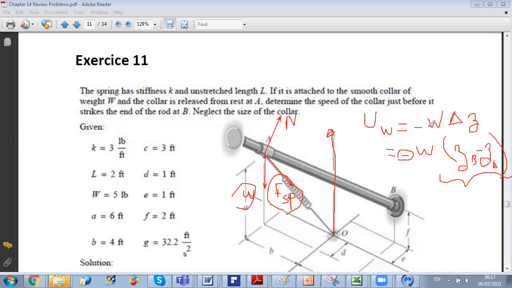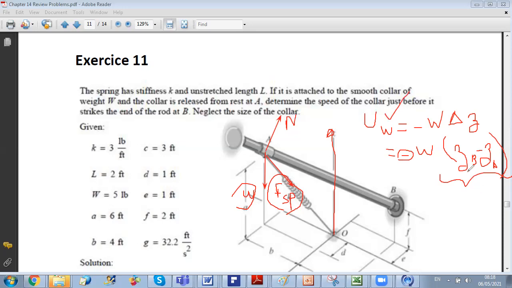And why do we have minus here? Because we consider Z upward. Okay, so if you remember, when Z is upward or when Y is upward, the equation is minus W delta Z, while if the Z axis is downward, it becomes plus W delta Z. So this equation will give us the work of the weight.